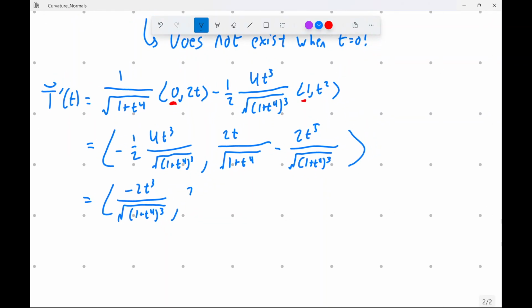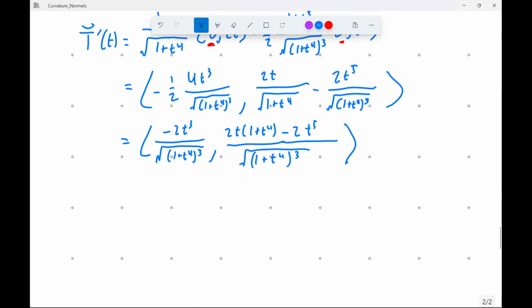And then here this will be 2t times 1 plus t to the 4th, minus 2t to the 5th, over the square root of 1 plus t to the 4th, cubed. For the common denominator, I just multiply the top and bottom by 1 plus t to the 4th. Okay? And now this actually does simplify.